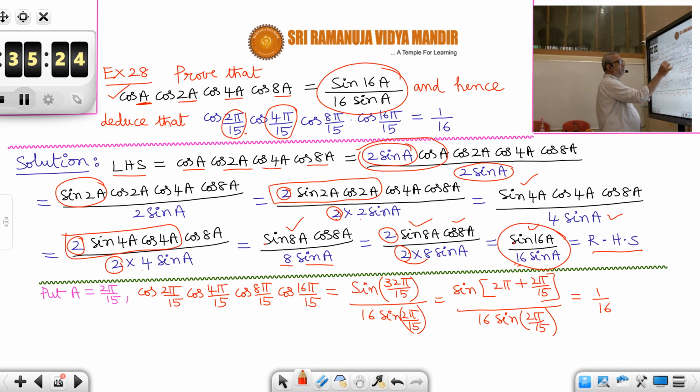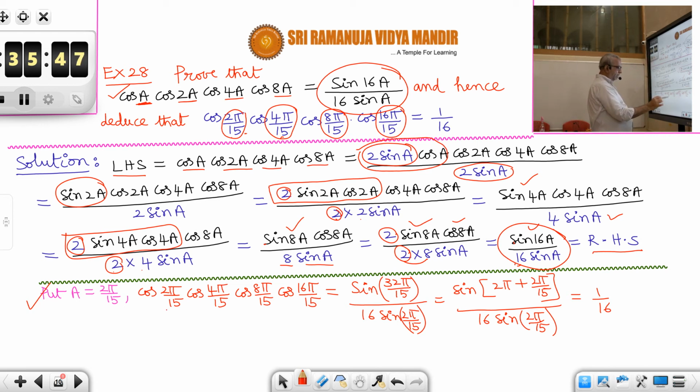So 2 pi by 15 into 2 is 4 pi by 15, 4 pi by 15 into another 2, 8 pi by 15, 8 pi by 15 into another 2, 16 pi by 15. 4 factors. So simply put A is equal to 2 pi by 15 in the above formula.